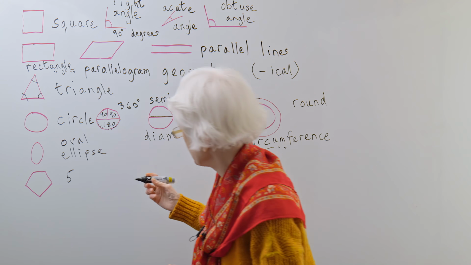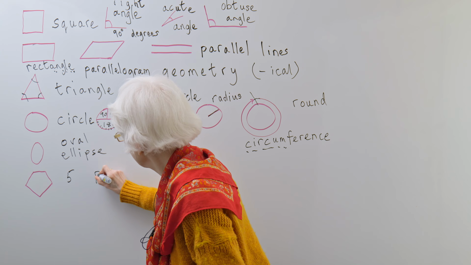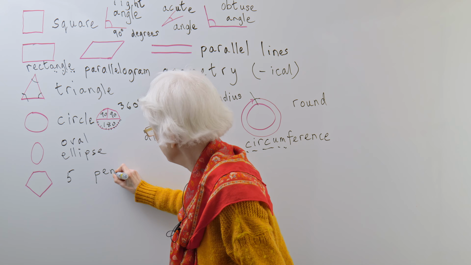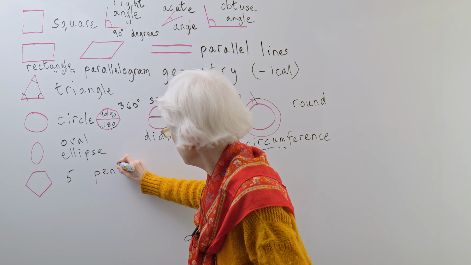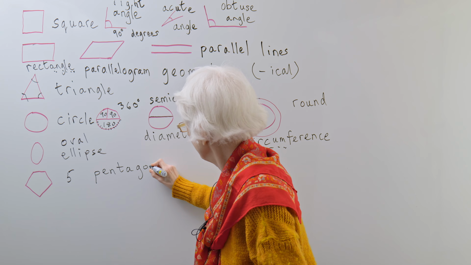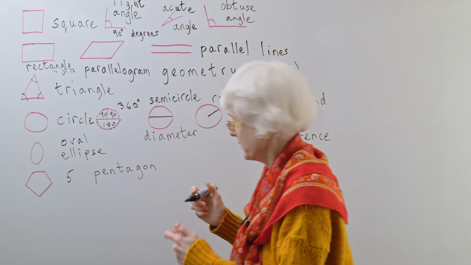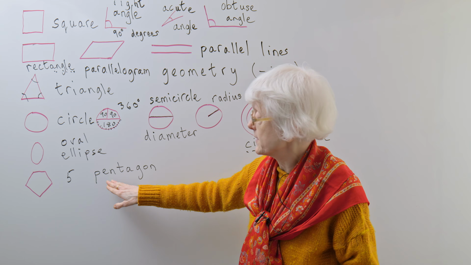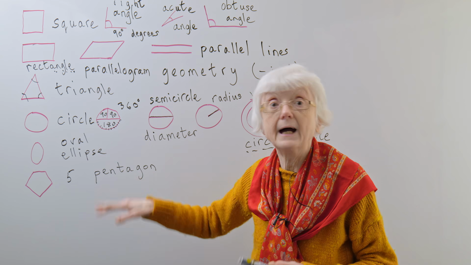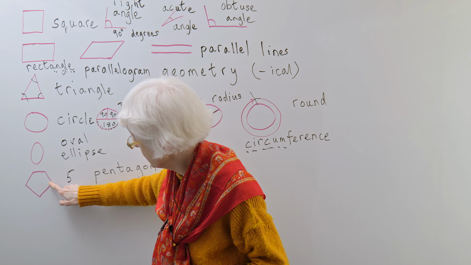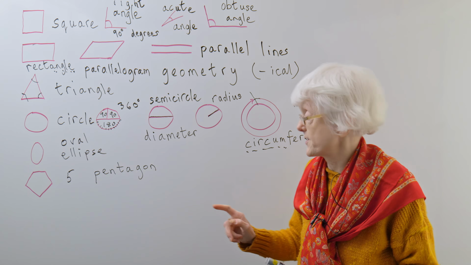So it begins with a P, pen, T, gon. Okay, so that's known as a pentagon, meaning it has 5 sides or 5 angles. 5 sides, but also 1, 2, 3, 4, 5 angles.